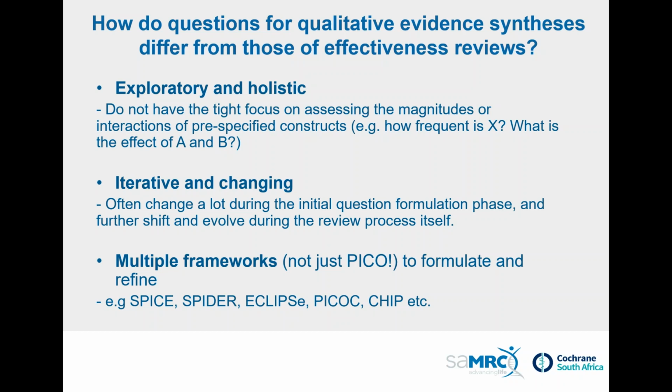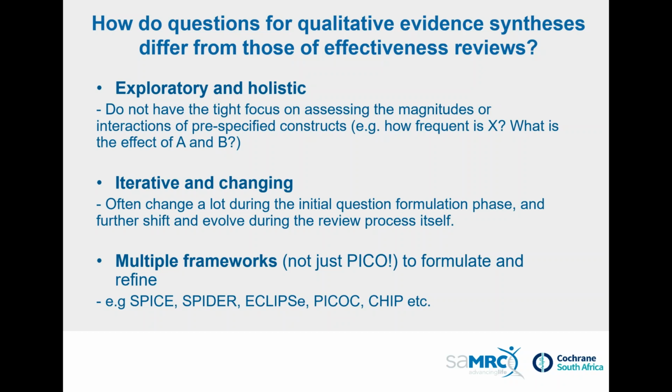And then finally, a third difference between qualitative evidence synthesis and effectiveness review questions is that effectiveness reviews generally use the PICO framework, so the population, intervention, comparison and outcomes framework, to formulate and refine the review question. But with a qualitative evidence synthesis, although some authors still use the PICO framework, many feel that this framework isn't the best and most useful or appropriate framework for a qualitative evidence synthesis.